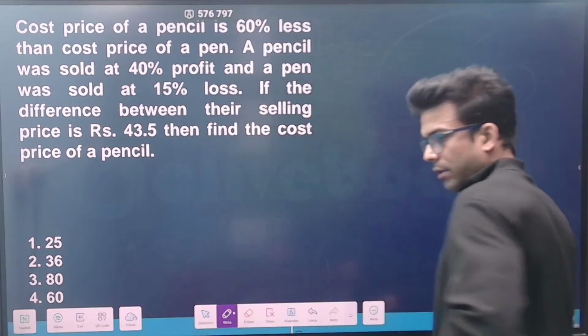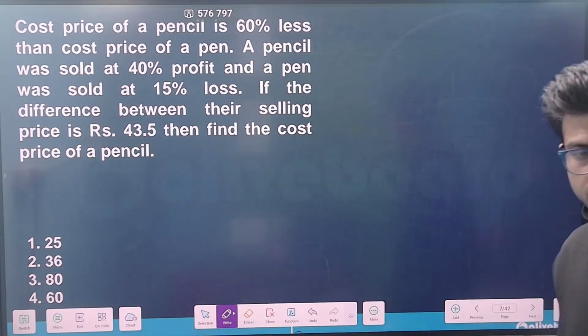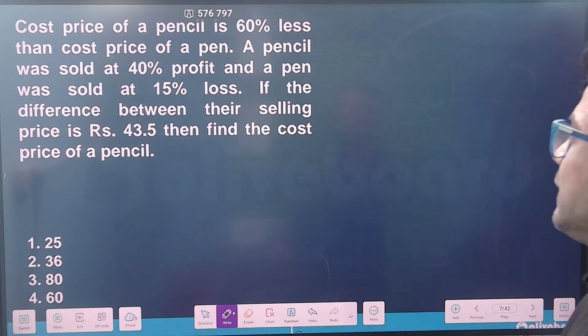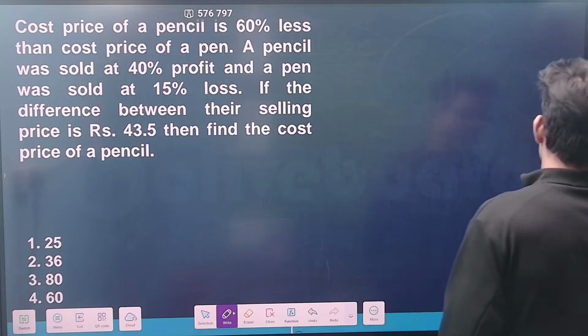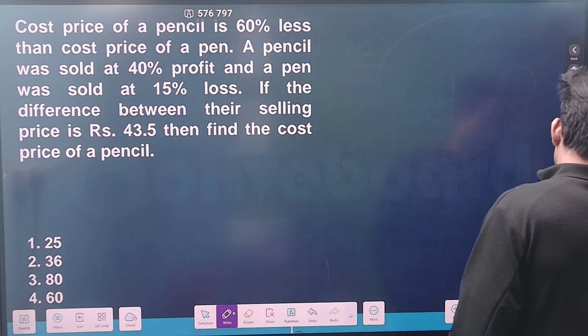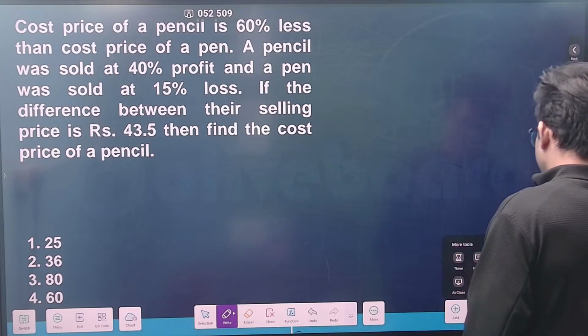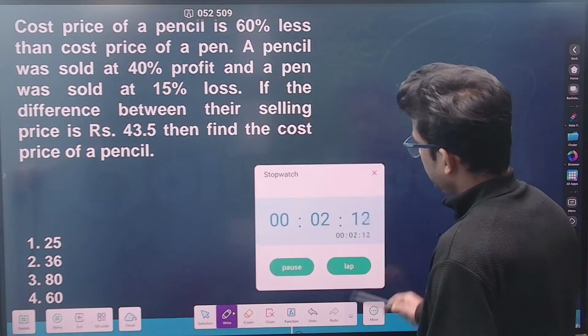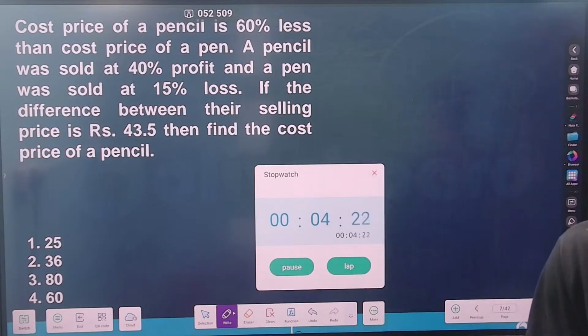So any one of you can solve it. Come on, try out. Let me give you the timer also. Can you guys solve it?